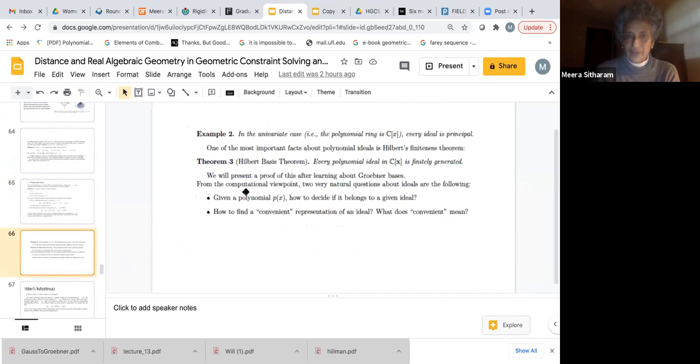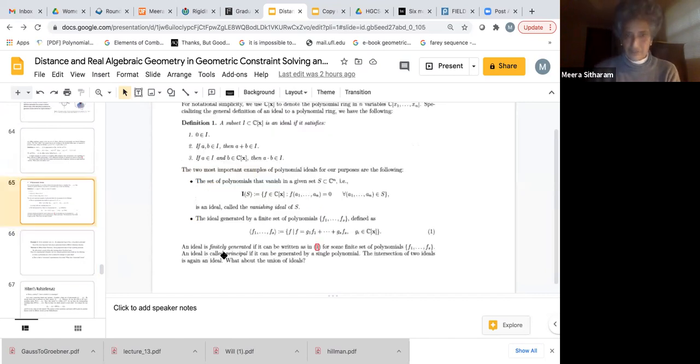There's an important theorem called the Hilbert basis theorem that says basically that every polynomial ideal is in fact finitely generated, which means that you can write it down using a finite set of polynomials.